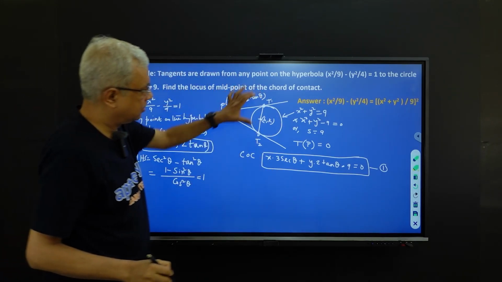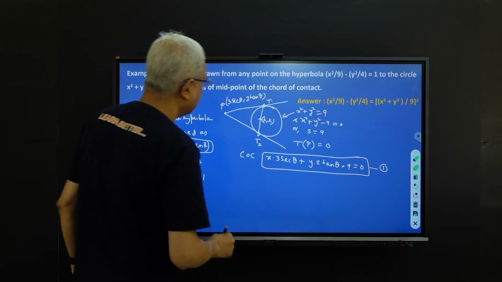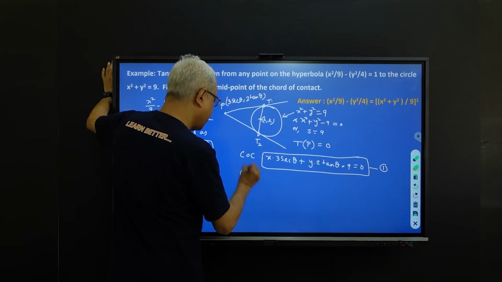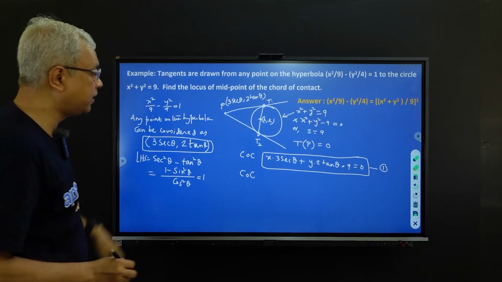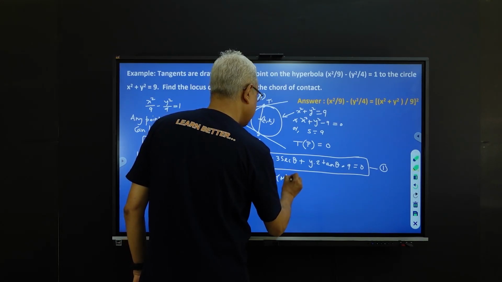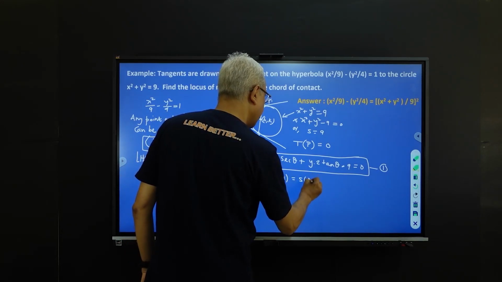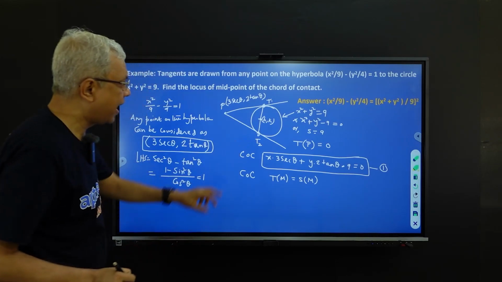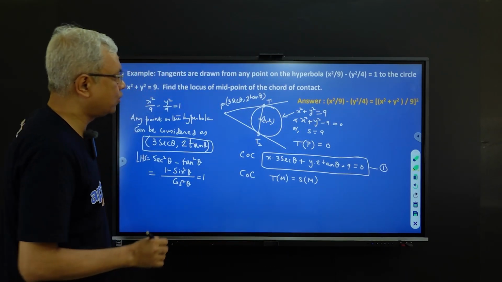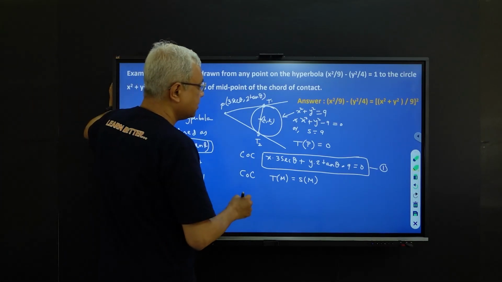Now consider (h, k) is the midpoint of this line T1, T2. Therefore, the equation of the chord of contact can also be written as T equal to S1. So T, as if (h, k) is lying on this circle, how does the equation look?